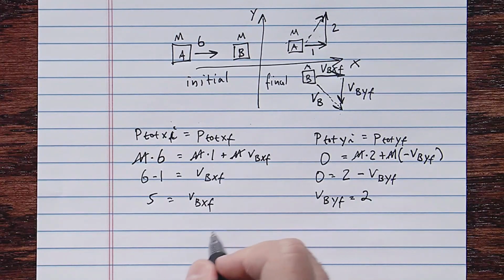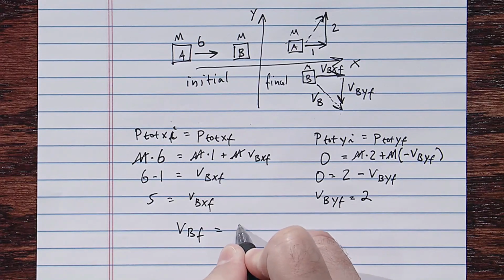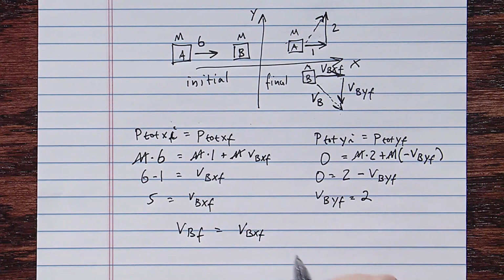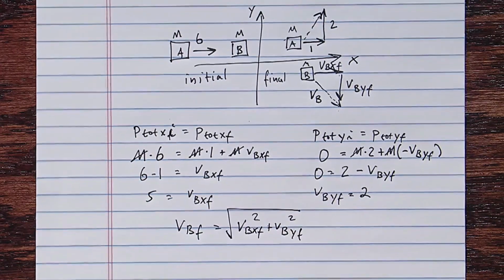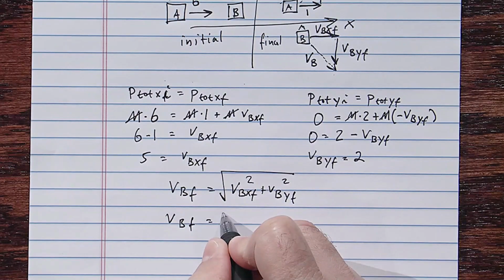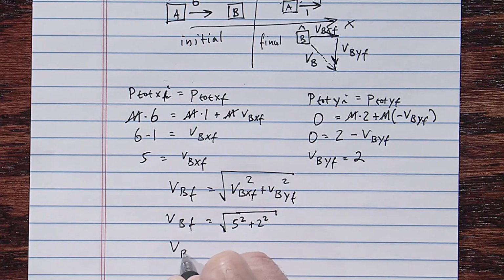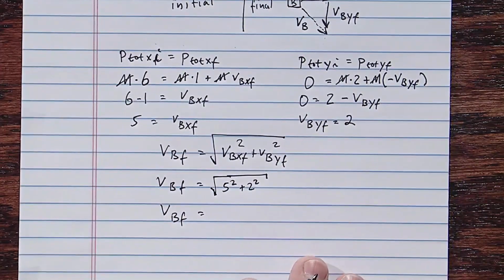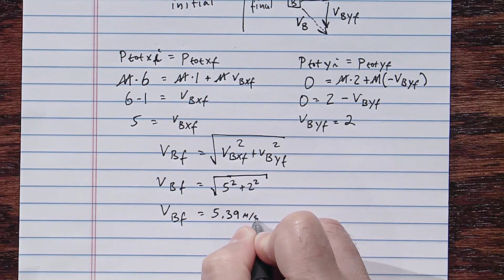And so we would just take the square root of V_B_x final squared plus V_B_y final squared, or V_B final is equal to the square root of 5 squared plus 2 squared, or V_B final is equal to the square root of 29, which is 5.39 meters per second.